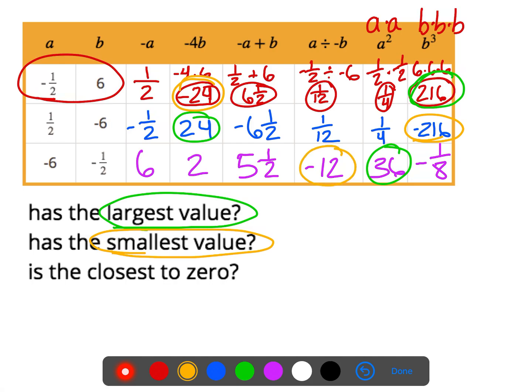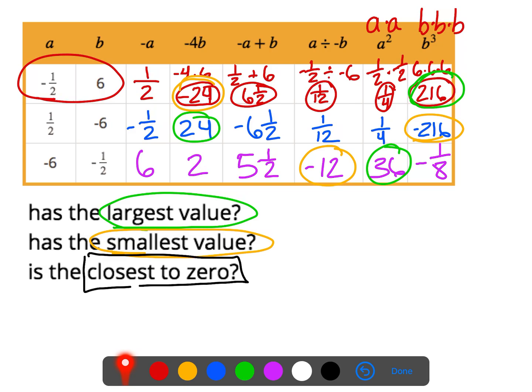Now, the last thing it asks us to do is to find closest to 0. The closest to zero value could be positive or negative, but the closest to zero. So I'm looking here, I've got a few fractions, which I know are all less than a whole number. They're all positive.